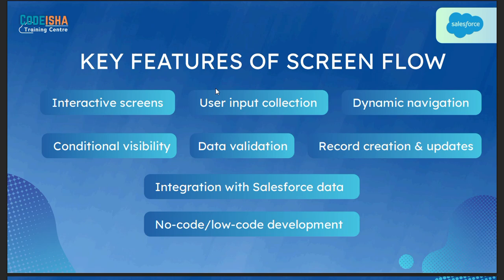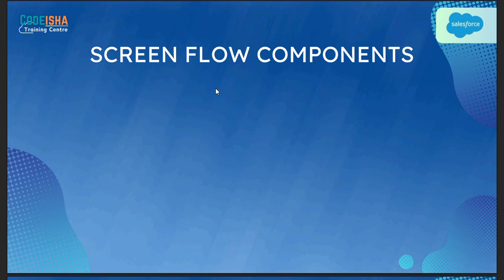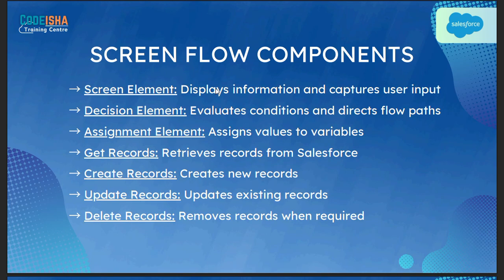We can create this user interface with graphical help. And coming to the next one, here are the components of screen flow. The screen element displays information and captures user input. The decision element evaluates conditions and directs the flow path.